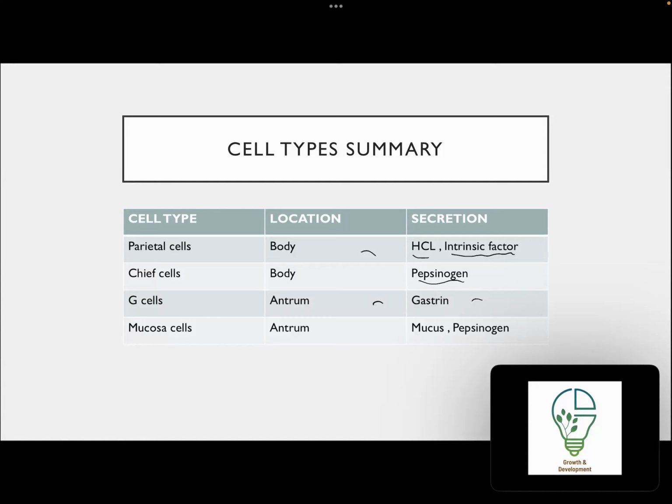The antrum is distal to the body, and you probably have taken this in anatomy, or you will take this in anatomy, but the antrum is distal to the body of the stomach. So these four types of cells are very important, and they form the backbone for this lecture. So you can look over it, and it'll help you if you just remember these right now, because I'll refer to these throughout the lecture.